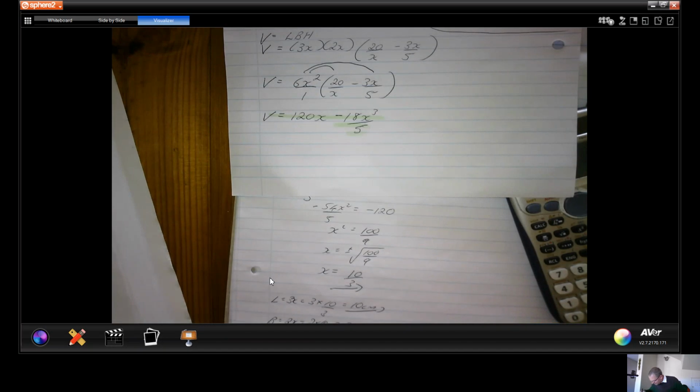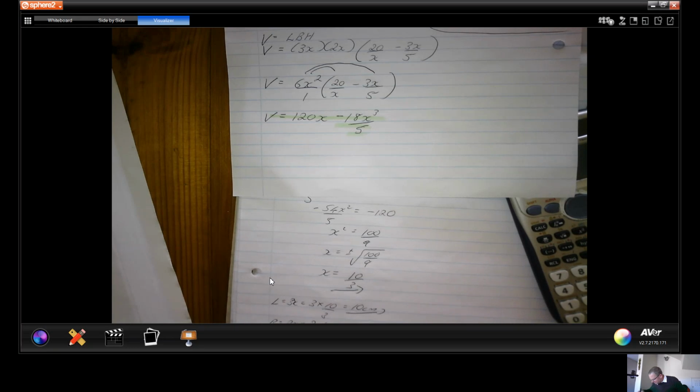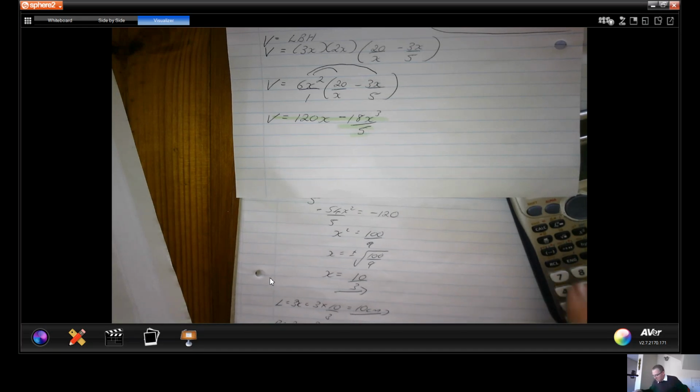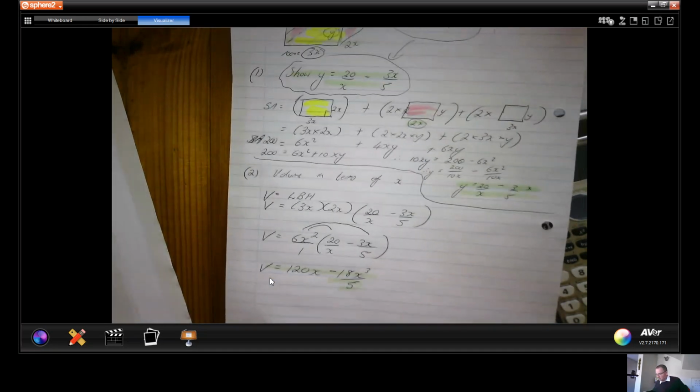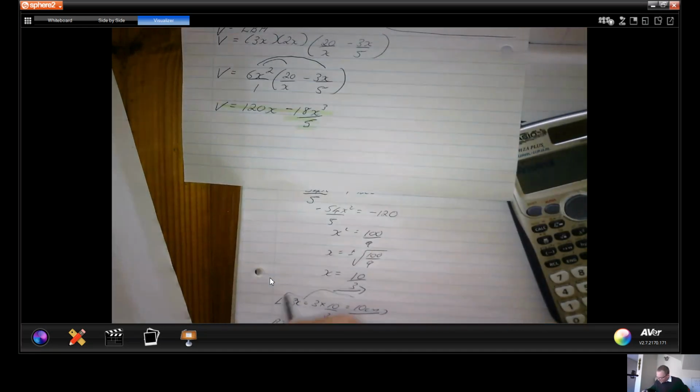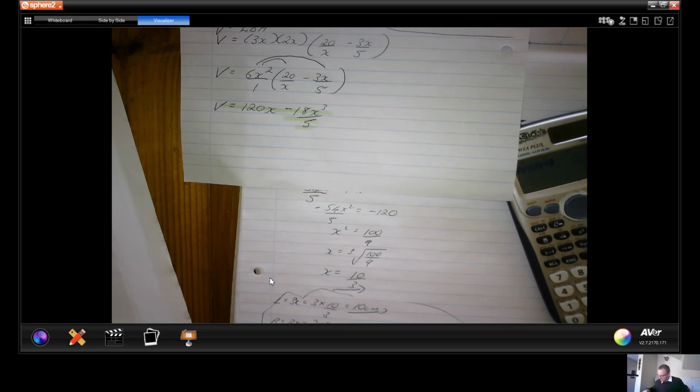So 20 divided by 10 over 3 minus 3 over 5 times 10 over 3. And if you shove that into your calculator, you should get an answer of 4 centimeters. Okay, so that answers the question that they asked: what are the dimensions, length, breadth, and height.